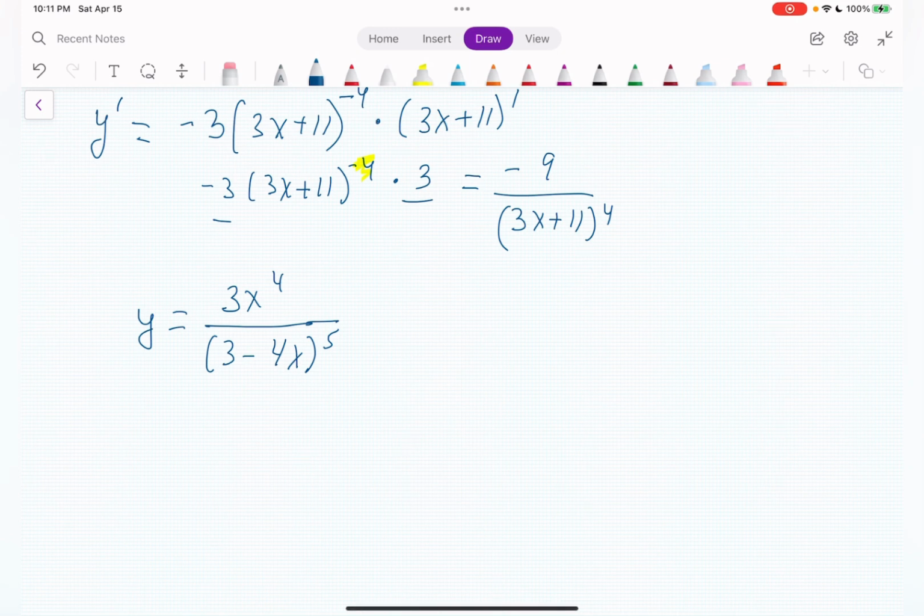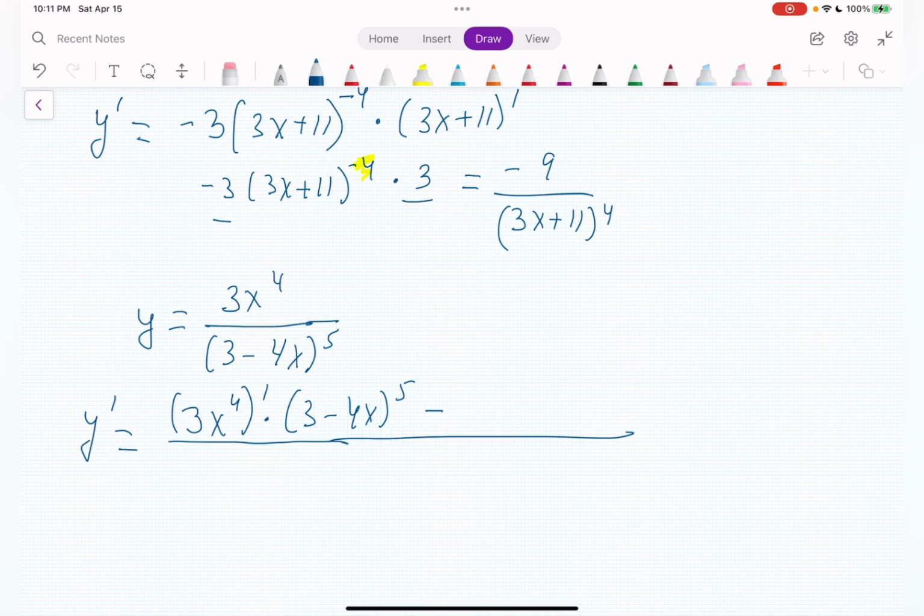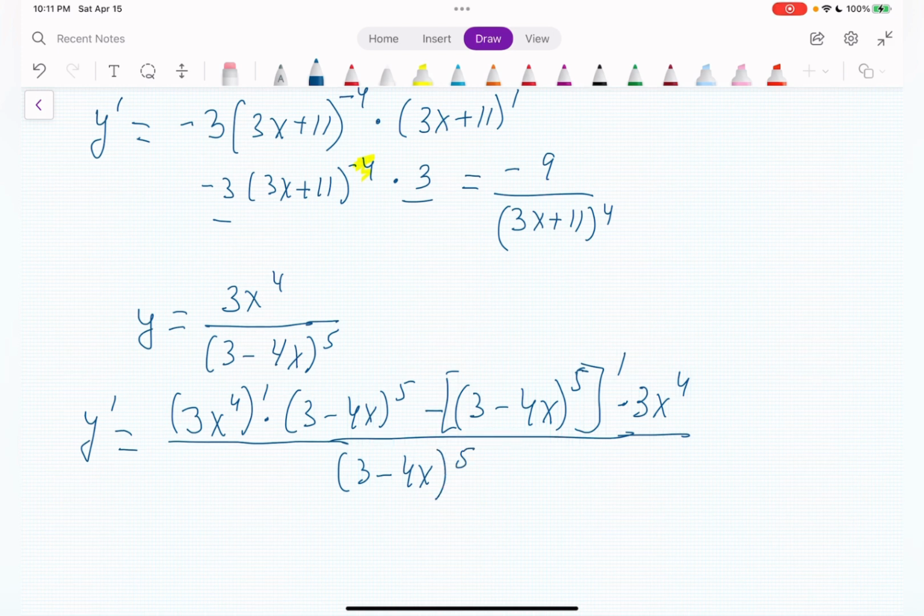So derivative is going to be 3x to power 4 prime times 3 minus 4x to power 5, and then minus 3 minus 4x to power 5, and this is prime, which is derivative prime, and times 3x to power 4, and divided by 3 minus 4x to power 5, and all this squared.